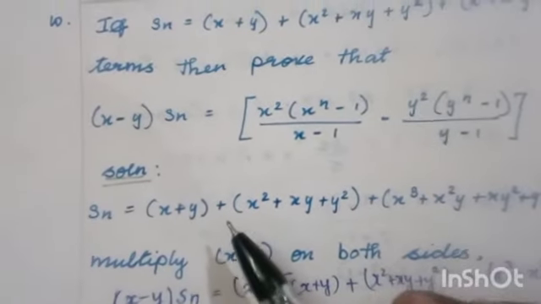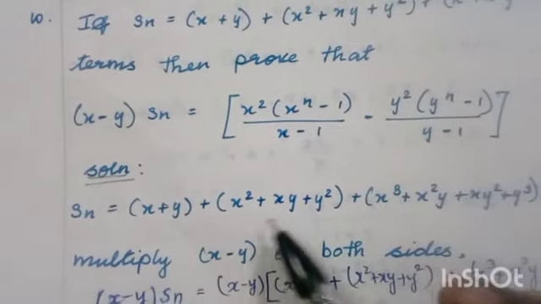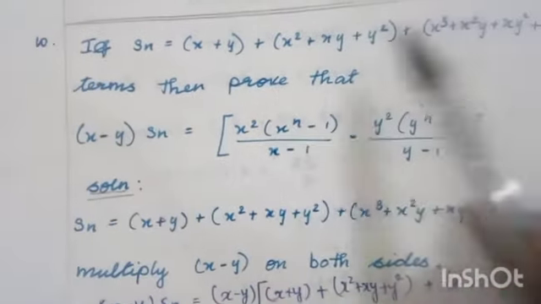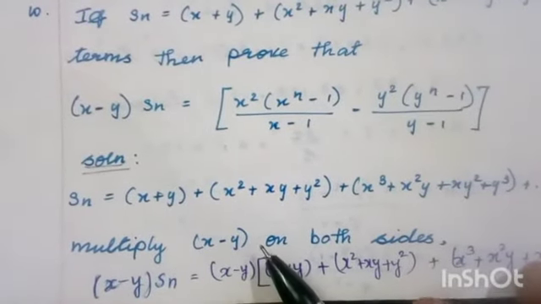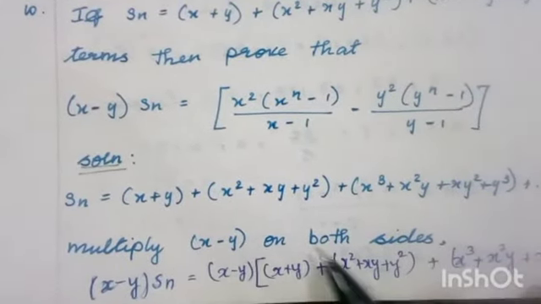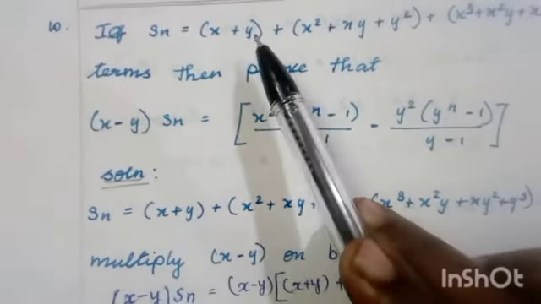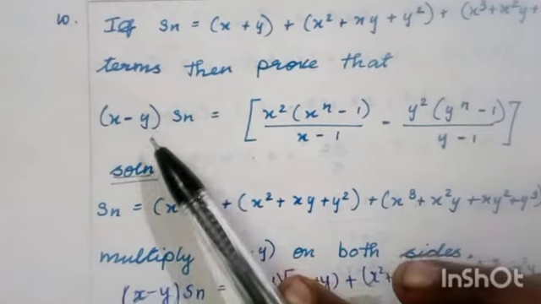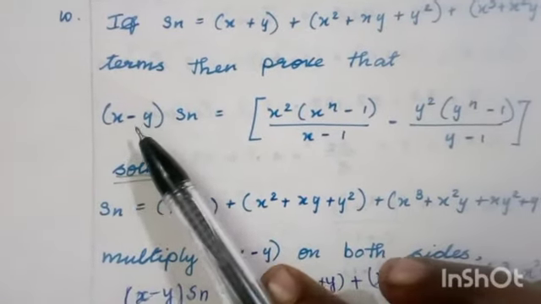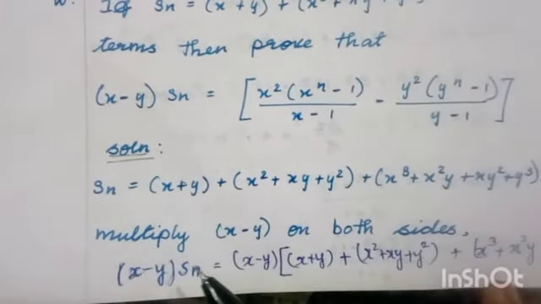First you have to write the given sum to n terms. Then multiply both sides by x minus y. On the left hand side we have x minus y into Sn.